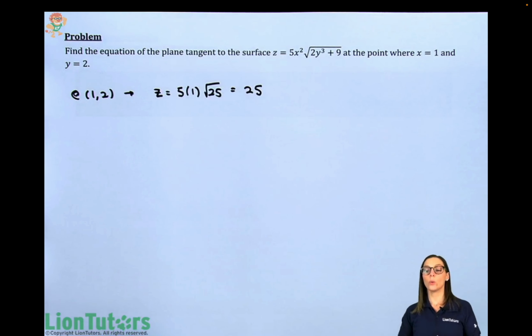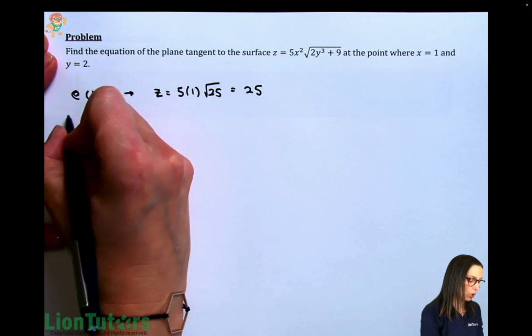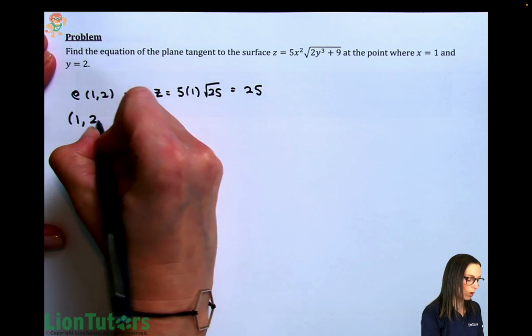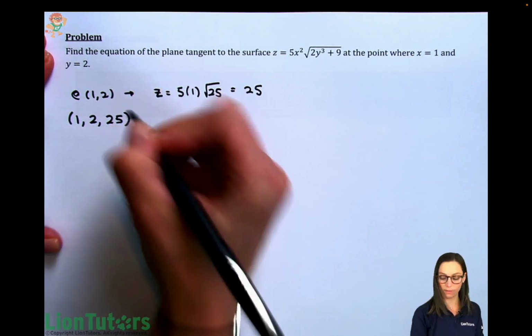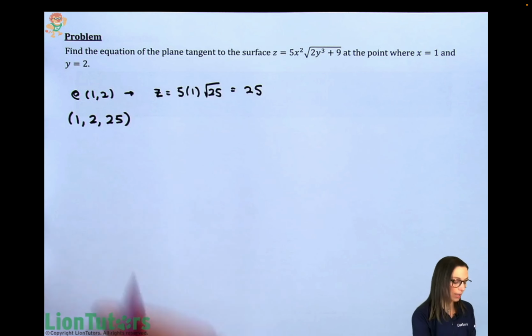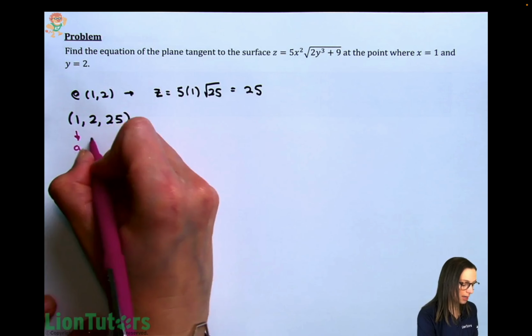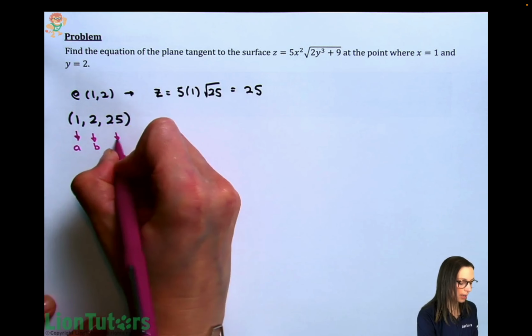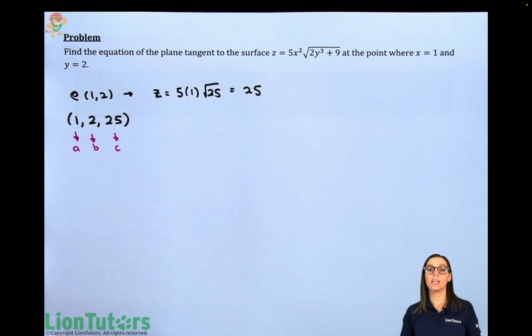So overall, we get 25 for our z or our c value. So we're dealing with the point (1, 2, 25). So this is what is going to act as my a, b, and c in that formula up above.